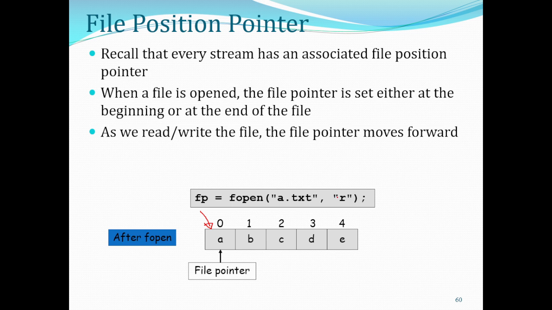Let's say I open the file with append mode, which means my file pointer always shows the end. That means I'm not able to change data that I already have. I basically have the ability to write at the end of the file.